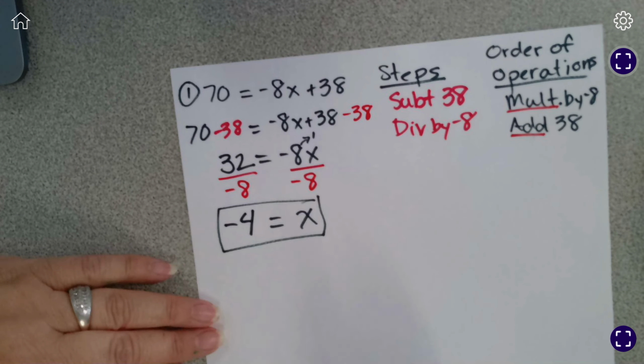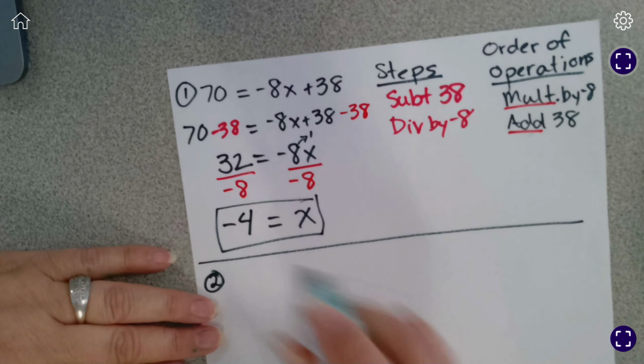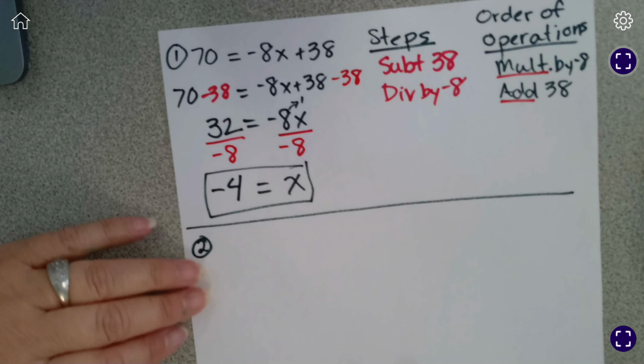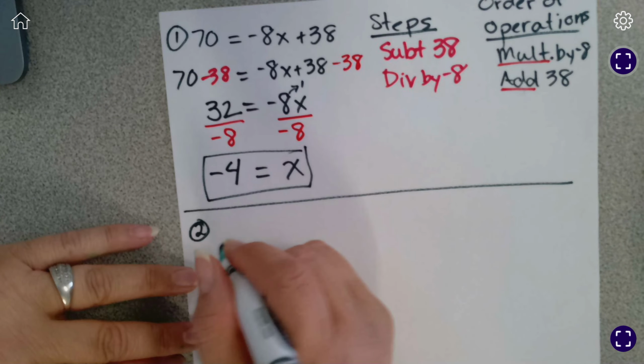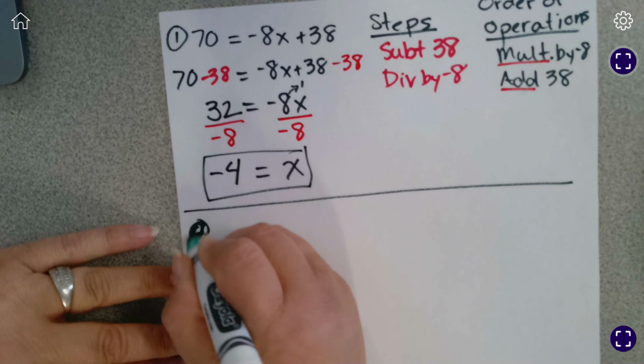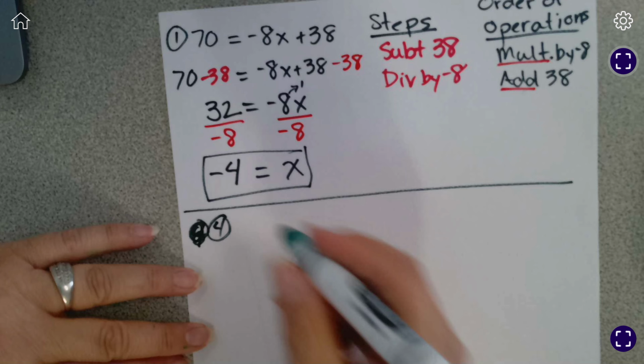Okay, now let's look at number 2. Actually, I'm going to do number 4. Sorry, that's number 4. On Delta Math, they might be in a different order, but number 4 should be on there. The other ones will be different.